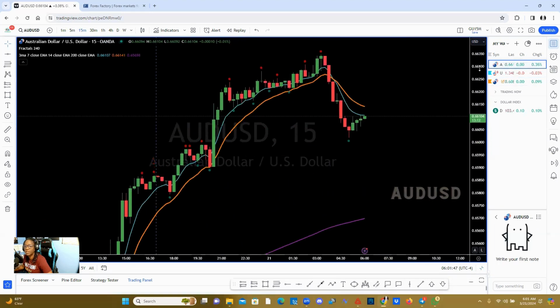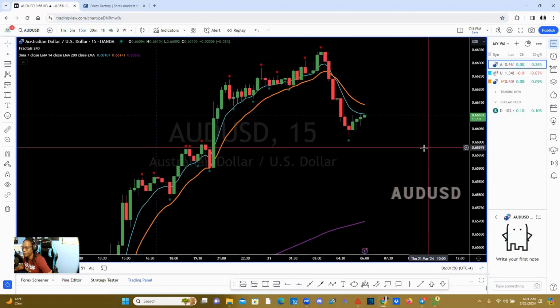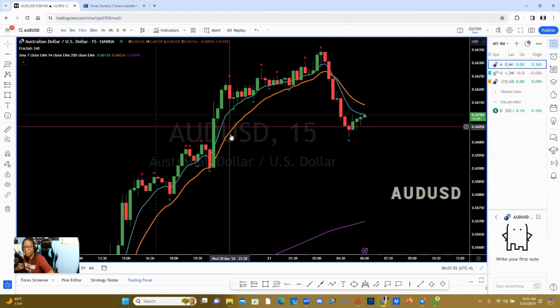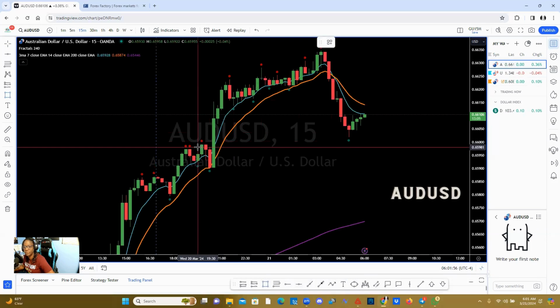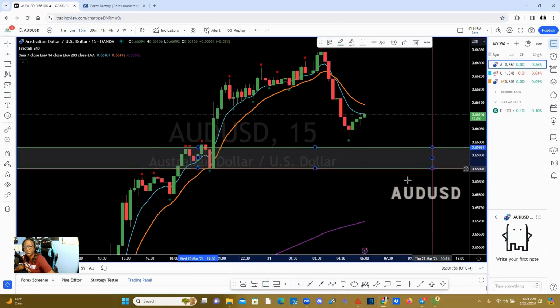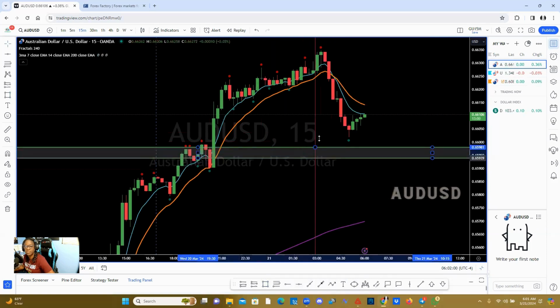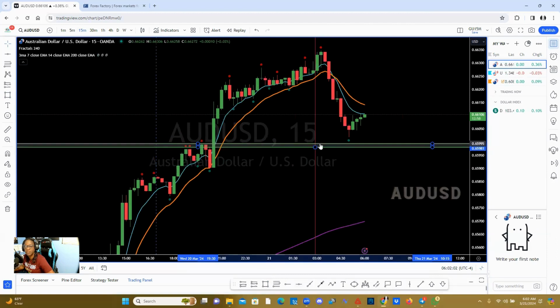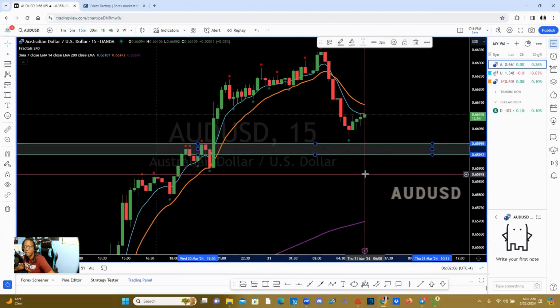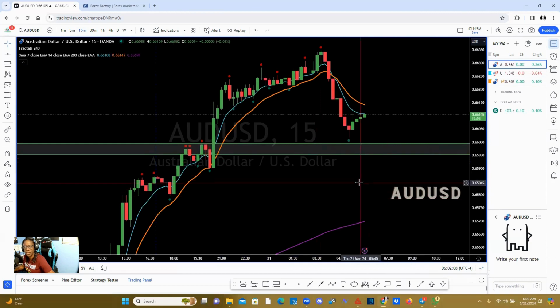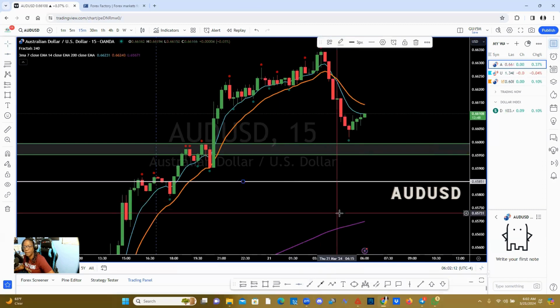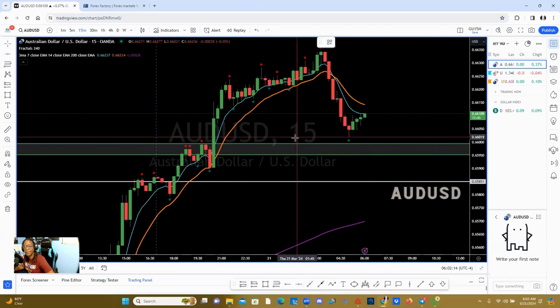CAD. Now the Canadian dollar broke quite a bit of structure down there, but you've got this demand here, break of structure with demand over there. You can see it. Okay, so this is my area of friction, I would say there. And then you've got demand down here again, untapped demand with gap.